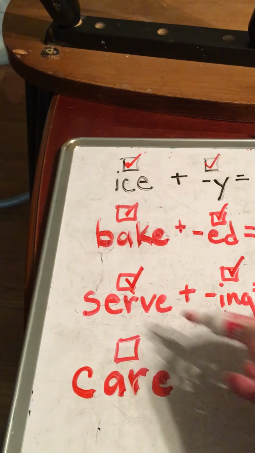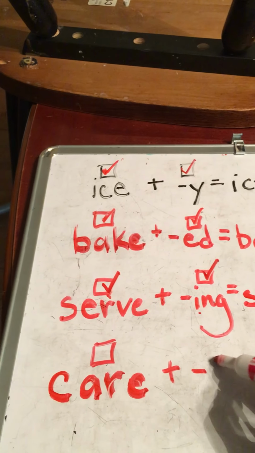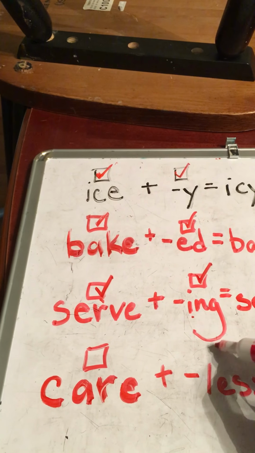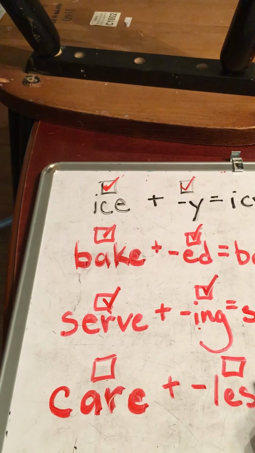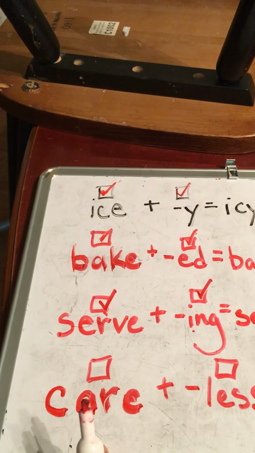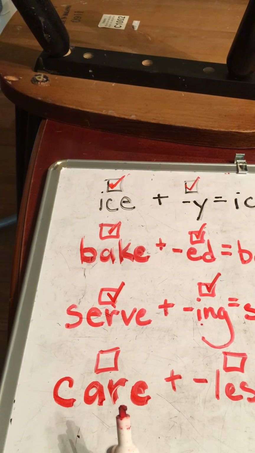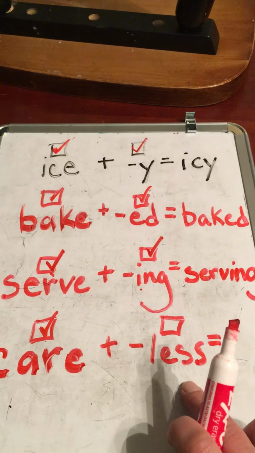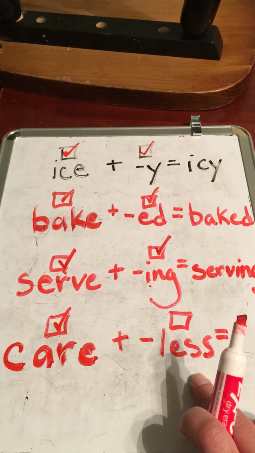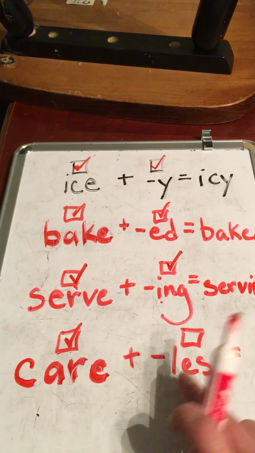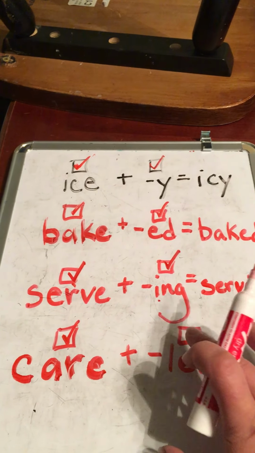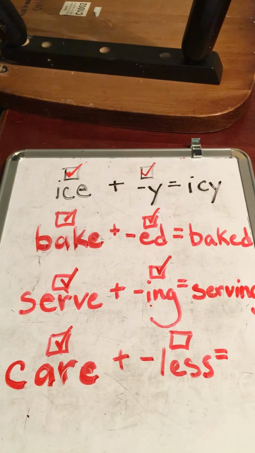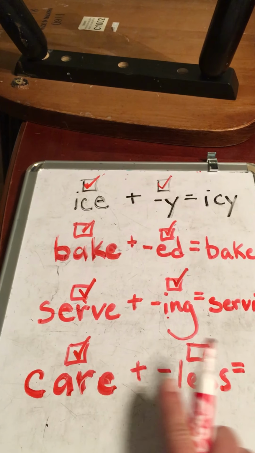I want to add care to my suffix less. All right, so let's see. Does care end with a sneaky E? Yes, I'm going to put a check mark. Does less start with a vowel? No, it starts with a consonant. I don't need a check mark there. So I only have one check mark.